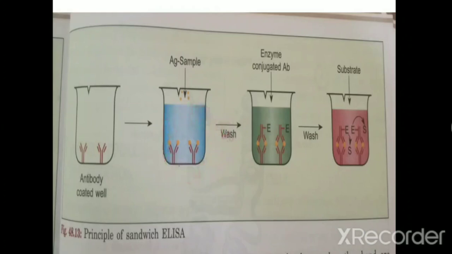That is, these antibodies are coupled with some enzyme, and this enzyme labeled antibody also binds to the antigen. And finally we have to add a color forming substrate. So if there is any immune complex, this color forming substrate produces color through the enzymes. So the color produced is directly proportional to the concentration of the antigen.